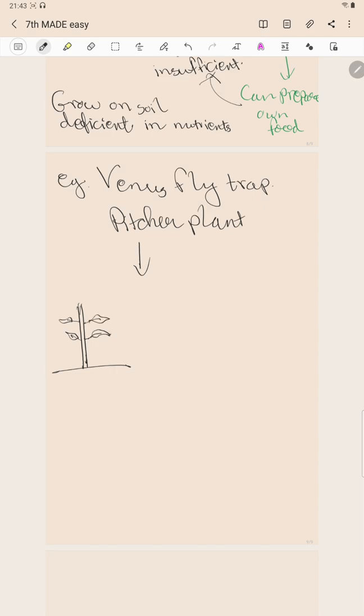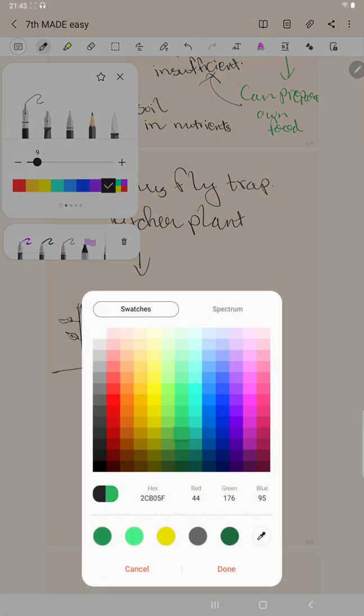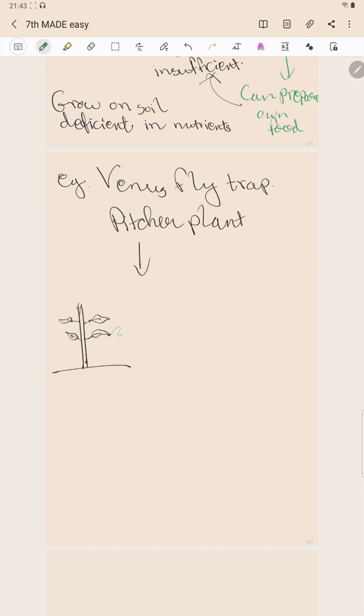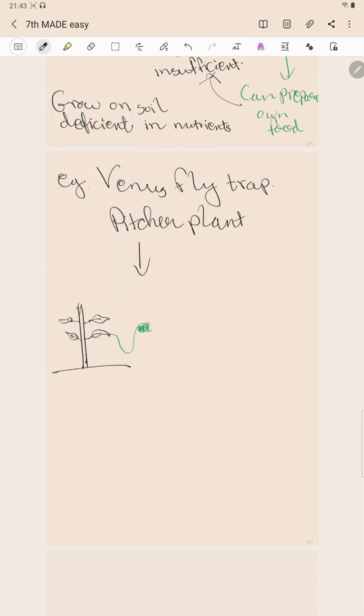In the pitcher plant, the modification arises from the tip of the leaves, which means it is a modification of the leaf. The tip of the leaf elongates and forms the lid. And then beneath the lid is the pitcher.